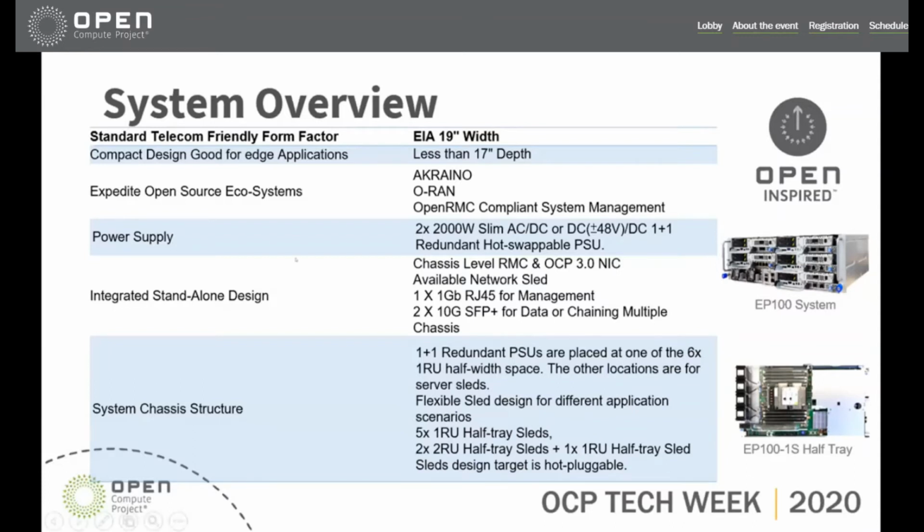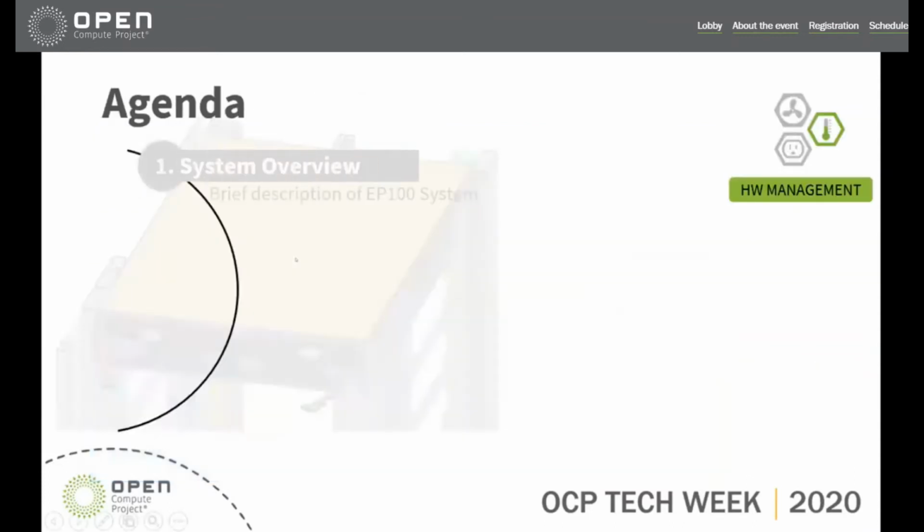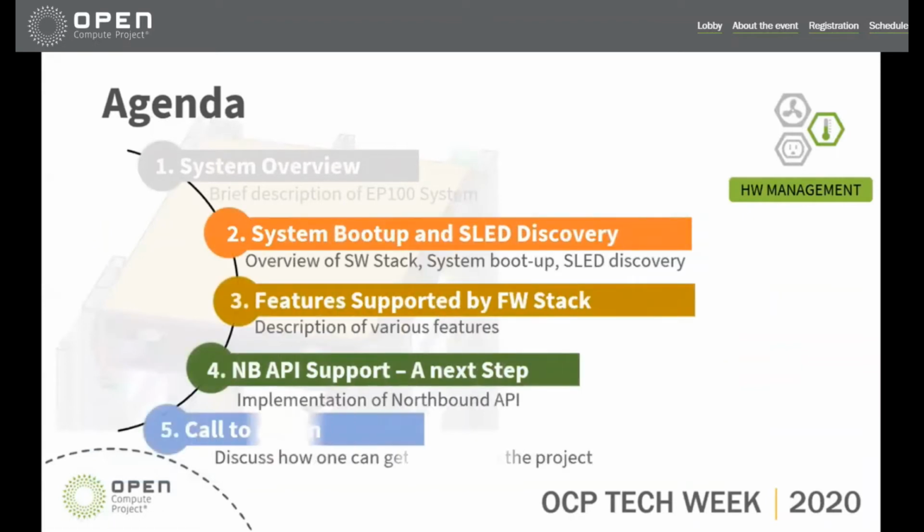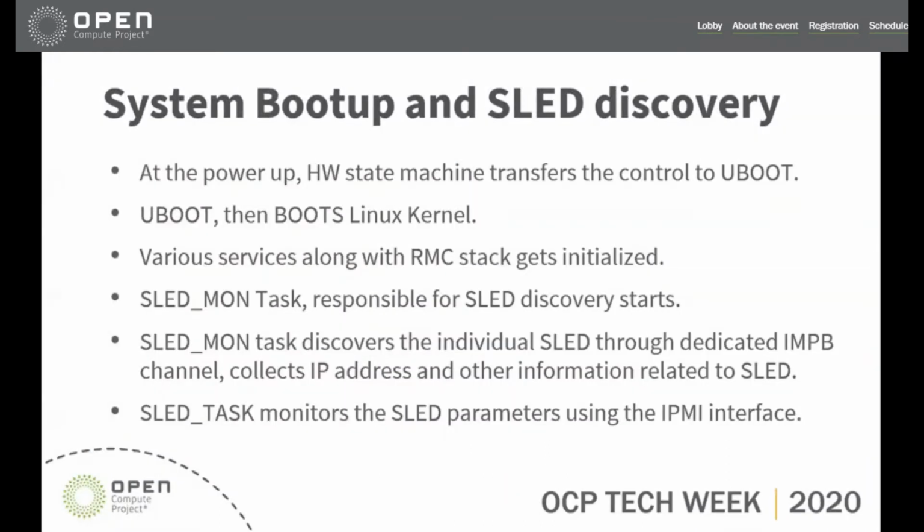So with this system overview, now I'm going to talk about the system boot up and SLED discovery. So for this RMC design, we are using AST2520, which is ASPEED's 6th generation server management processor. It is an ARM11 CPU running at 800 MHz.